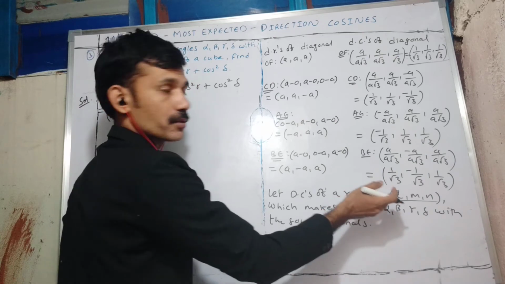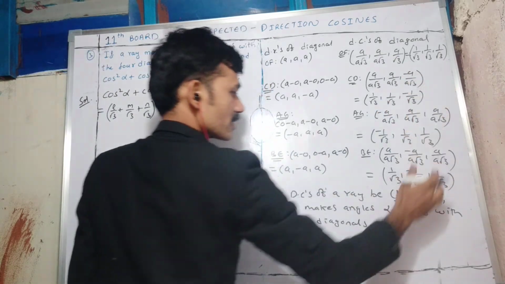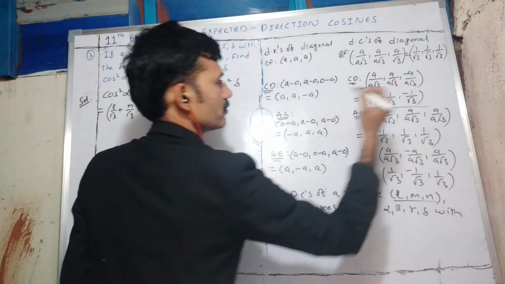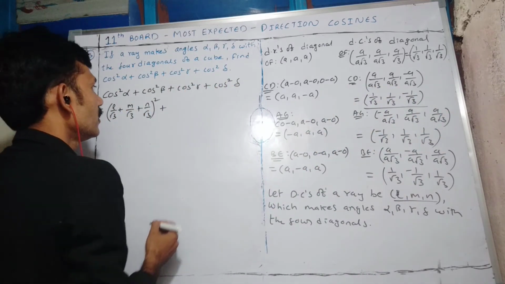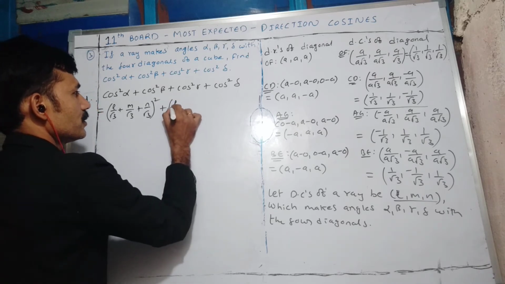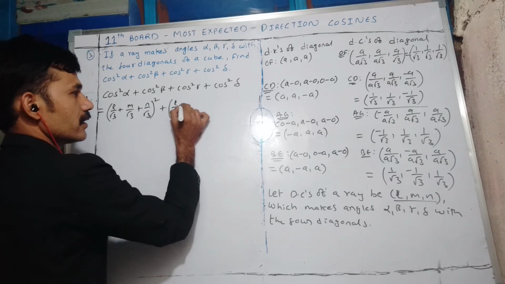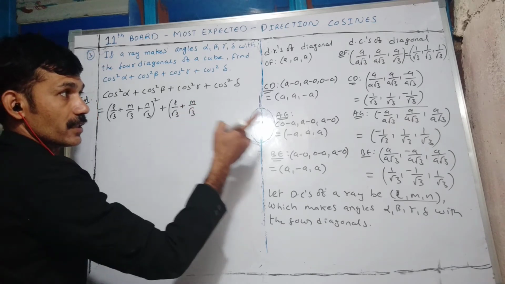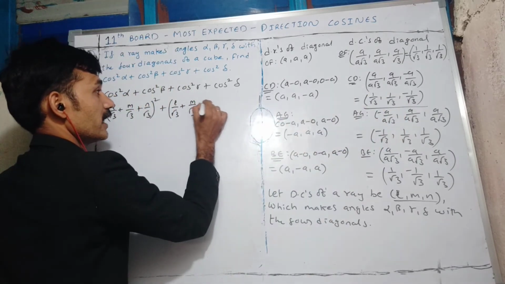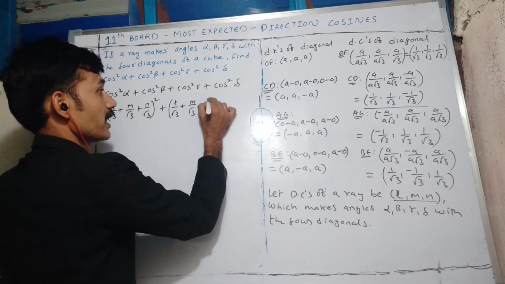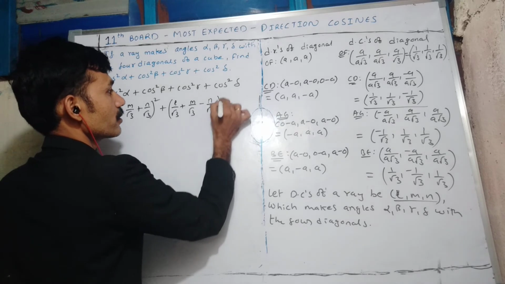What we have to do? We have to multiply the direction cosines of the ray and CD. So then what we'll get? L times 1 by root 3, okay, M times 1 by root 3 is also okay, but there minus, because minus 1 by root 3 is there, so minus N times 1 by root 3, whole square we will have.